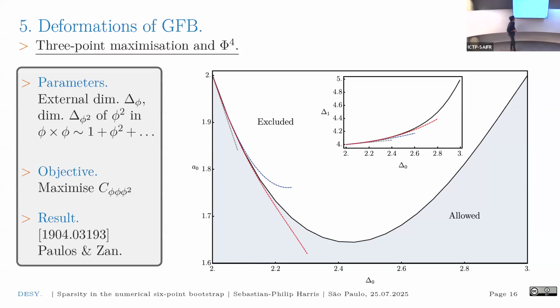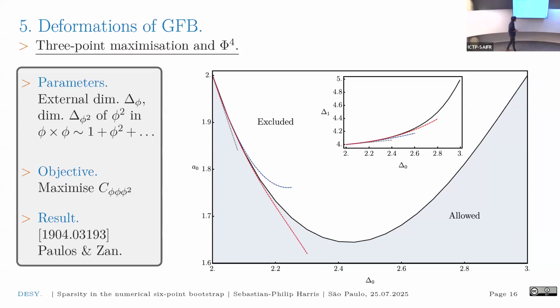And the answer that you get is essentially that if delta phi squared is equal to 2 delta phi, this problem is solved by the generalized free boson. If delta phi squared is equal to 2 delta phi plus 1, it's solved by a generalized free fermion. And there are some extremal correlators that interpolate between them.